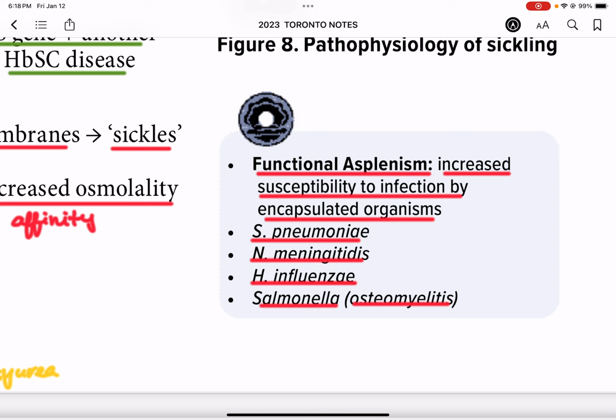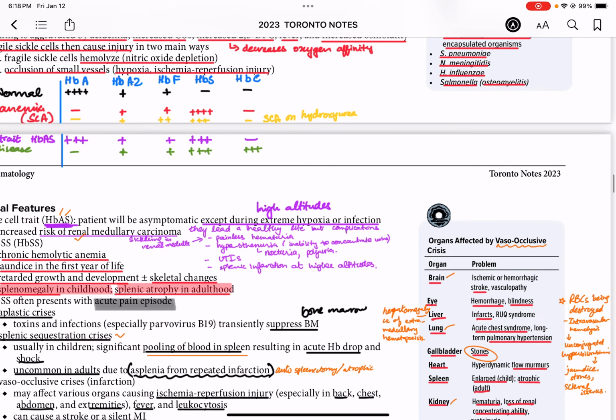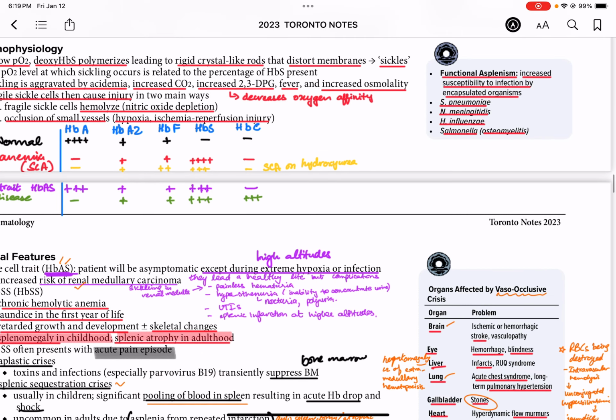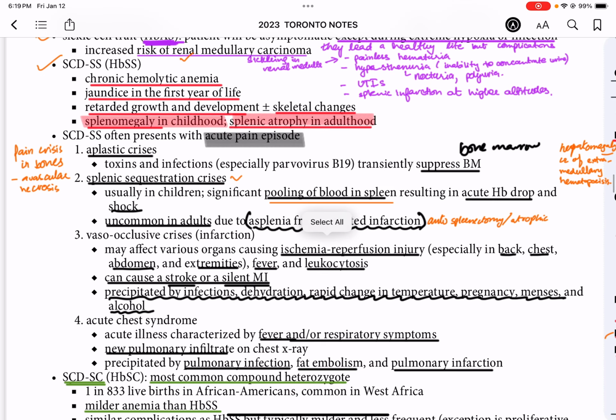So this would increase the susceptibility to infection by encapsulated organisms like Streptococcus pneumoniae and meningitis, Neisseria meningitidis, H. influenzae, and Salmonella, and Salmonella can lead to osteomyelitis. So functional asplenism could lead to increased susceptibility to infections with these organisms.